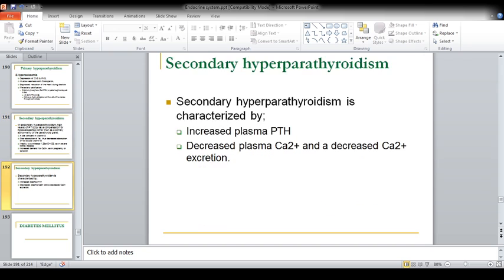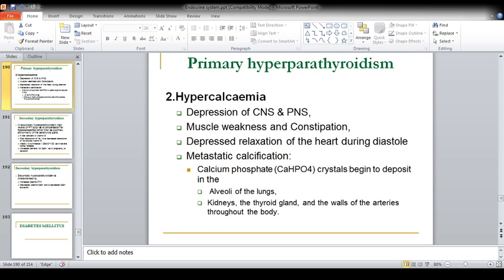The second effect of primary hyperparathyroidism would be hypercalcemia. If there is increased calcium in the blood, it would cause depression of the central nervous system and the peripheral nervous system, muscle weakness, it would cause constipation, it would cause depressed relaxation of the heart during diastole, and it would also cause metastatic calcification, that is deposition of calcium in normal tissues.